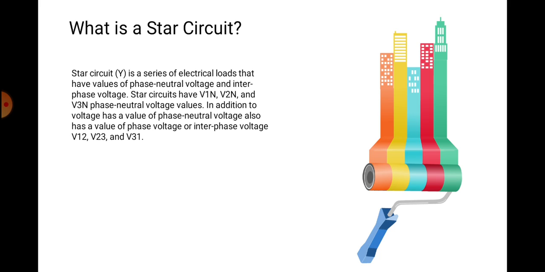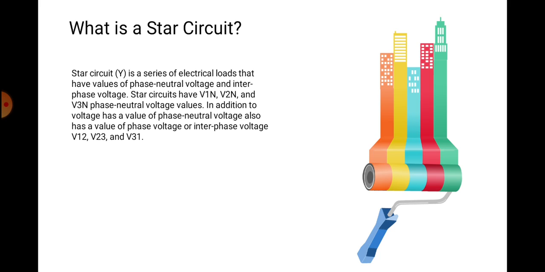A star circuit, which in Indonesian we call bintang, is a series of electrical loads that have a value of phase-to-neutral voltage and line-to-line voltage. A star circuit has V1, V2 and V3 as phase-to-neutral voltage values. In addition, the line voltage has a value of V12, V23 and V31.